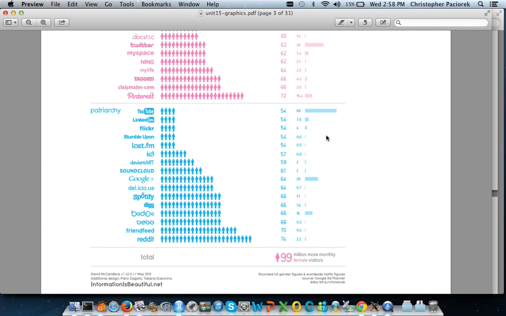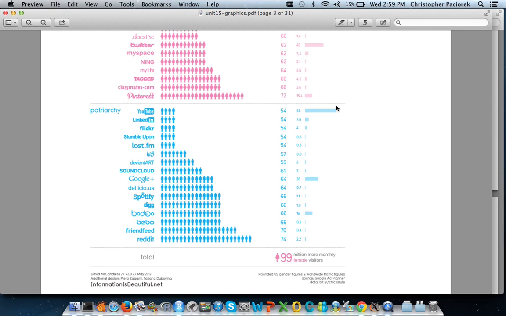And it might be even worse than that. I don't know whether they're getting the total worldwide traffic as a total, not broken down by men and women, and then applying the U.S. percentages to the total worldwide traffic to get the things on the right-hand side, or if they actually have worldwide both the total traffic and the male-female breakdown.